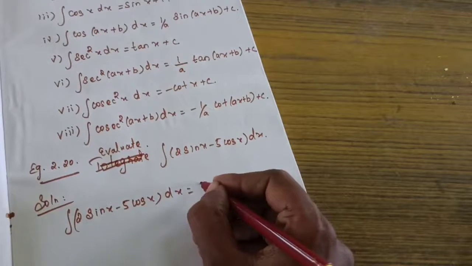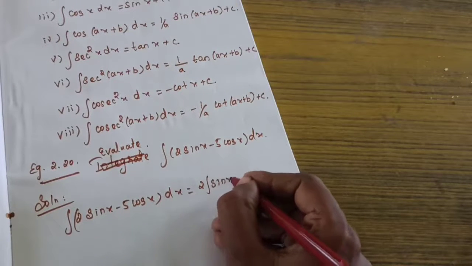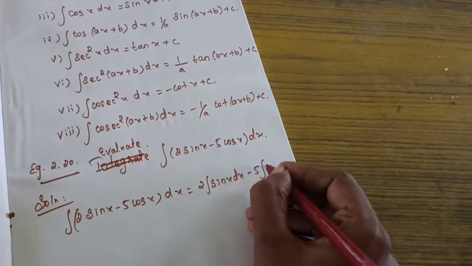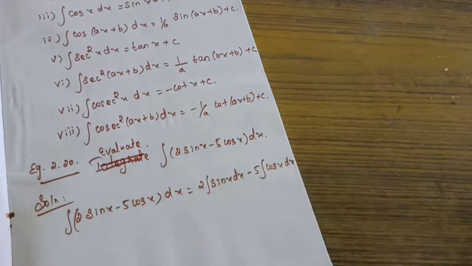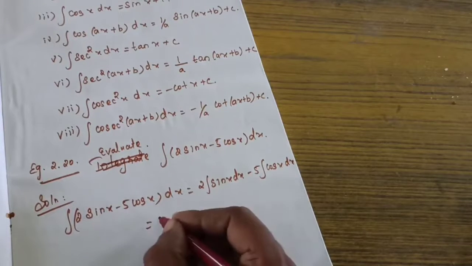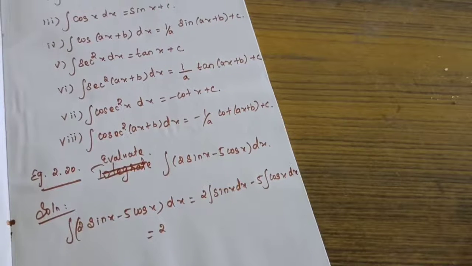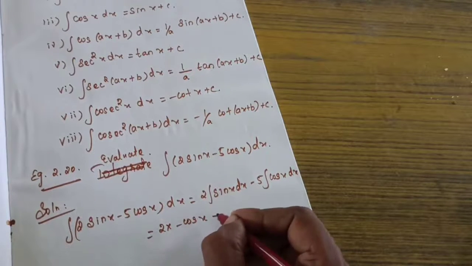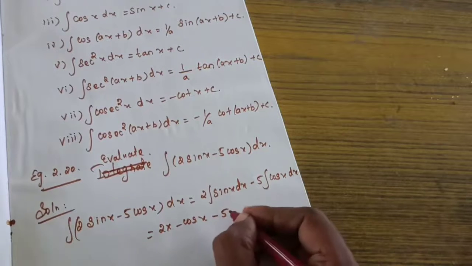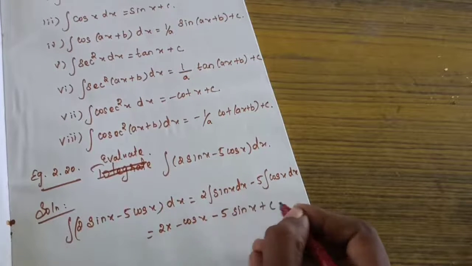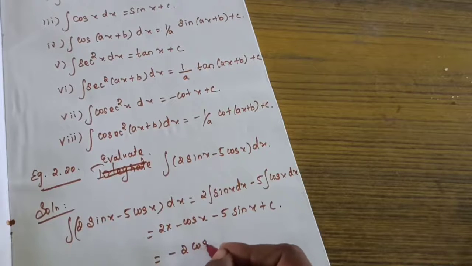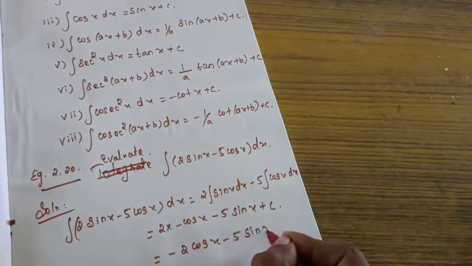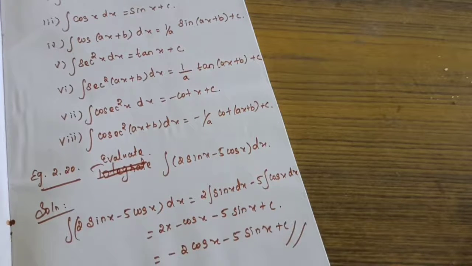That is 2 into integral of sin x dx minus 5 into integral of cos x dx. So what I did? I took the constant outside and split it. That is equal to 2 into, what's the integration of sin x? Now I taught you, that is minus cos x. Minus 5 into, what's the integration of cos x? Sin x, plus c. Multiply: minus 2 cos x minus 5 sin x plus c. That's all.